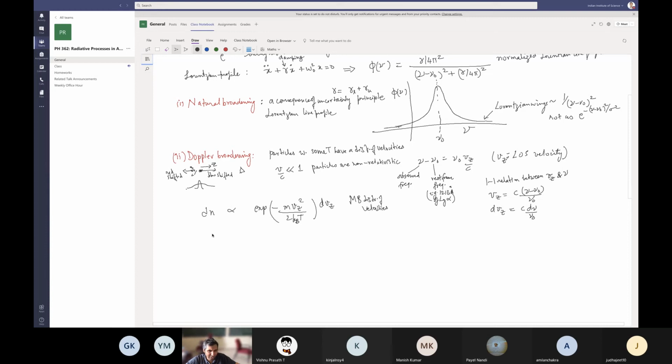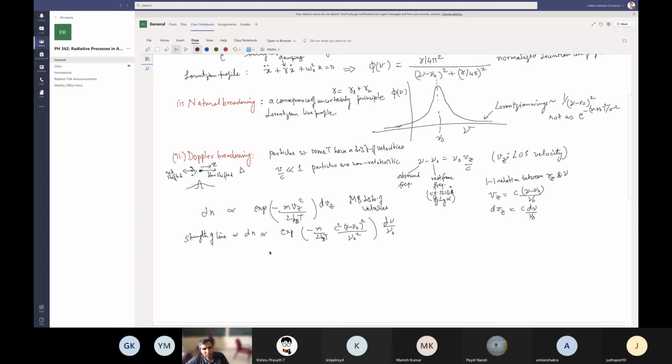Okay, so the strength of the line is proportional to dn, which is proportional to exp, so I'm doing a change of variable now, minus m by twice kT, Vz squared is c squared times nu minus nu naught squared over nu naught squared, times d nu by nu naught.